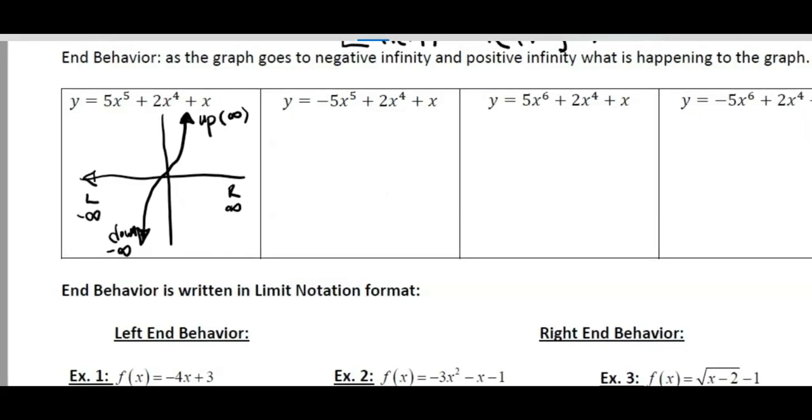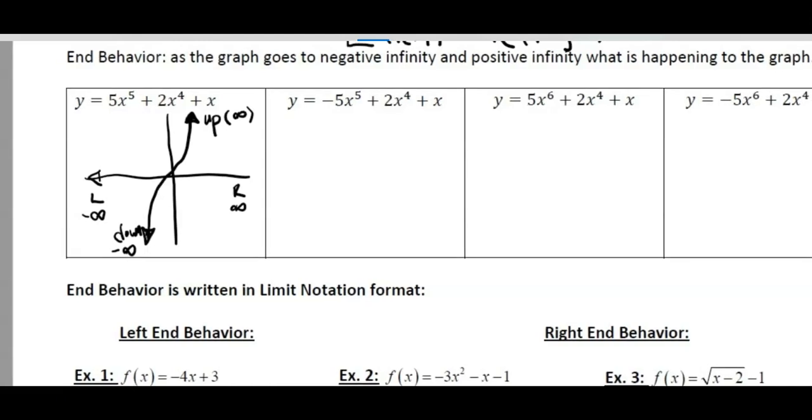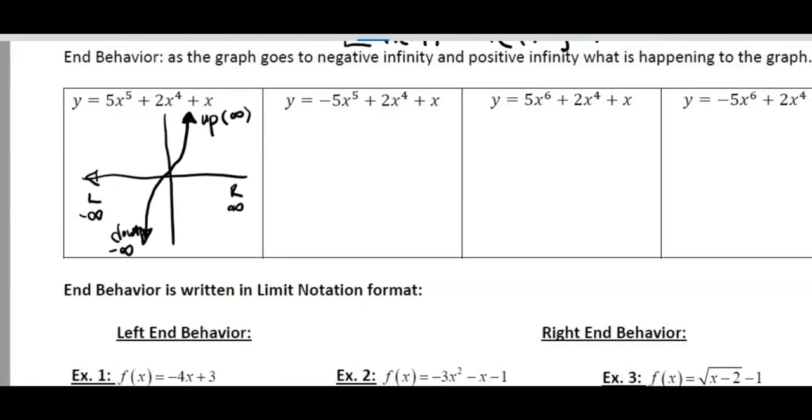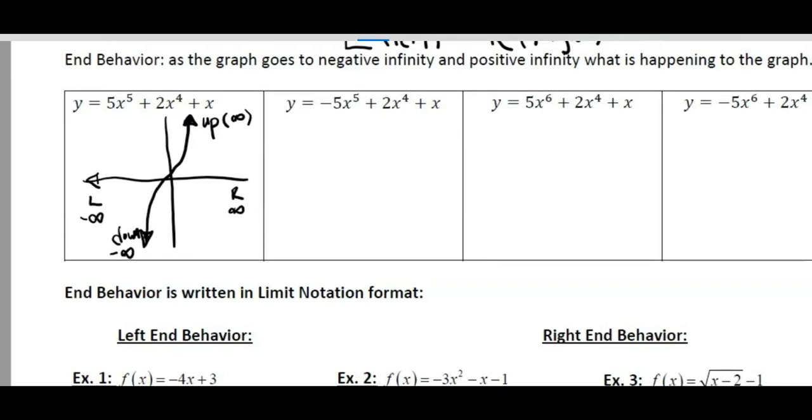If we look at the next graph here, negative 5x to the 5th plus 2x to the 4th plus x. So it's very similar to the other problem.